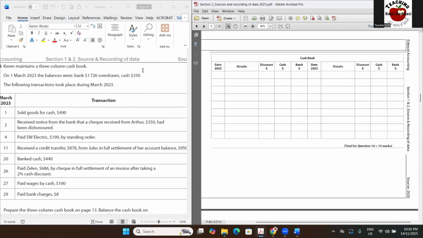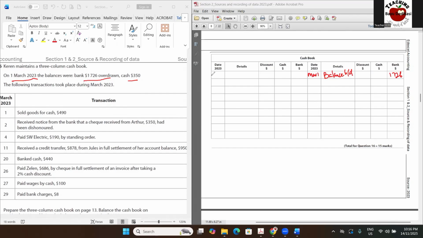Okay, the first one, they say that they have the beginning of the month, March. Bank is overdrawn. When it is overdrawn, it is on the credit side, balance b/d, bank 1726. Another is cash.